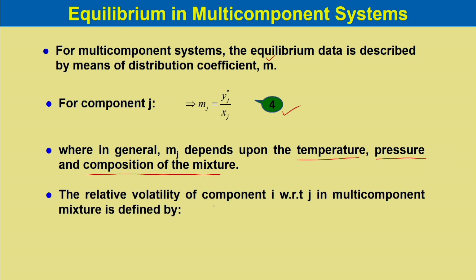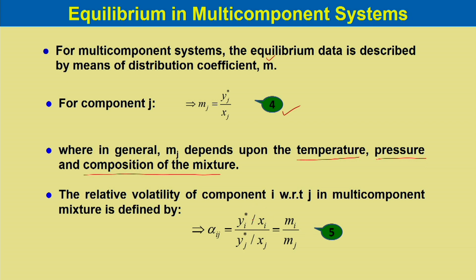The relative volatility of component i with respect to j in a multi-component mixture is defined by alpha ij is equal to (yi star divided by xi) divided by (yj star by xj).